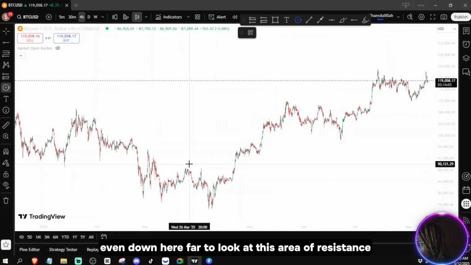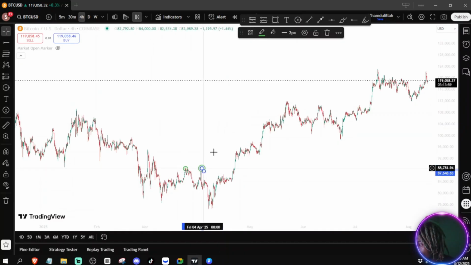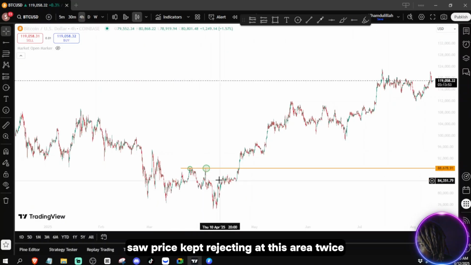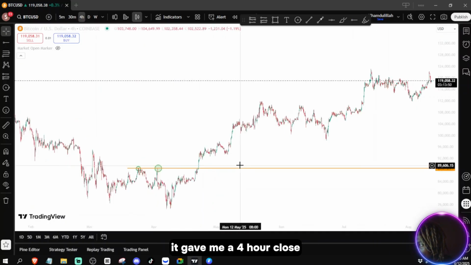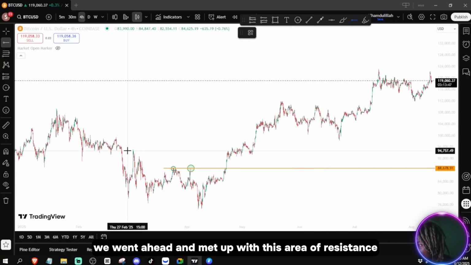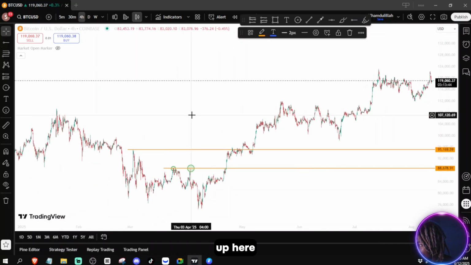Even down here, if I were to look at this area of resistance, I would have seen it down here, and saw price kept rejecting at this area twice. As soon as it broke above it, it gave me a 4-hour close. We went ahead and met up with this area of resistance up here.